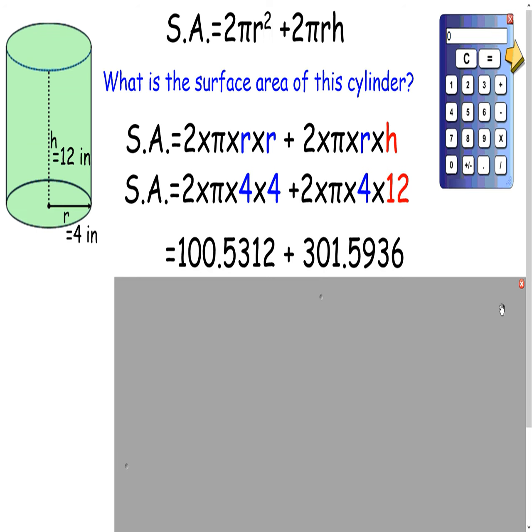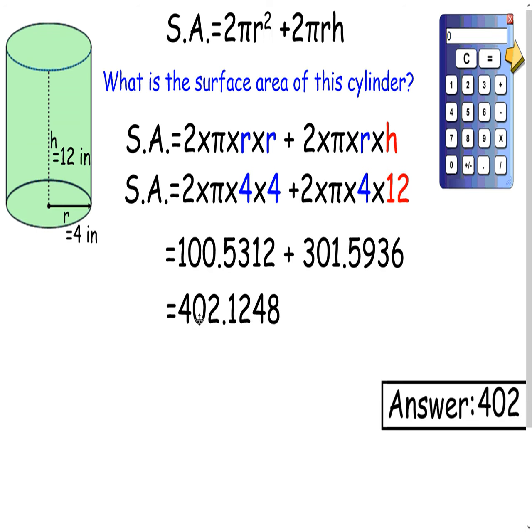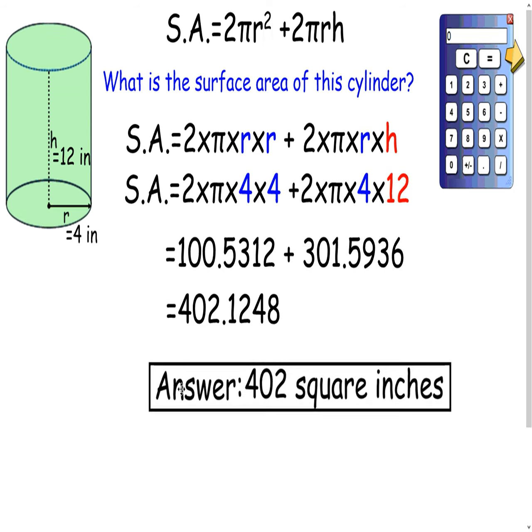You add them together, and you end up with 402.1248. We're going to round to the nearest whole number, so that's 402 square inches. Remember, surface area is an area, so your units are going to be inches or feet or yards squared, so units squared.